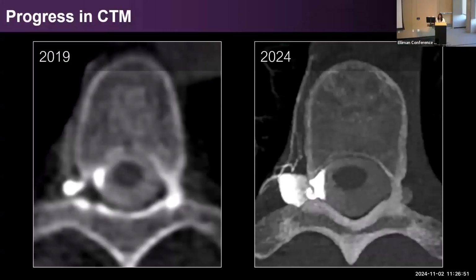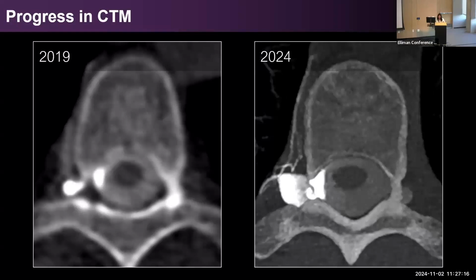So I just want to start out by showing a CTM that I did in 2019 versus 2024. This is on the same CT scanner. I don't have access to a photon CT scanner, and I don't have access to ultra-high resolution cone beam. So what's changed in this time is probably my technique, my understanding of the nuances of how best to detect CSF venous fistulas.